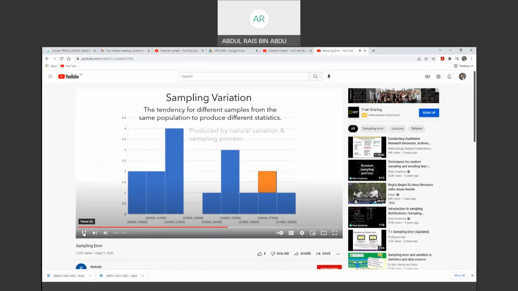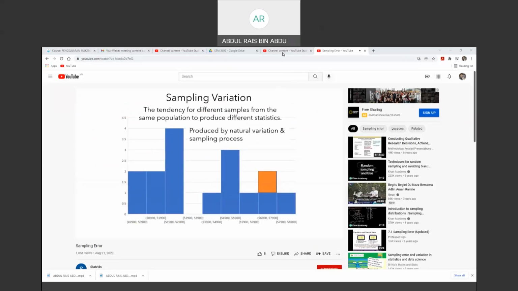Sampling variation is produced by a combination of natural variation in the population and the random aspect of the sampling process. And much like the way we measure natural variation using the idea of standard deviation, we measure the amount of sampling variation using something called standard error, which is the standard deviation of the sampling distribution.